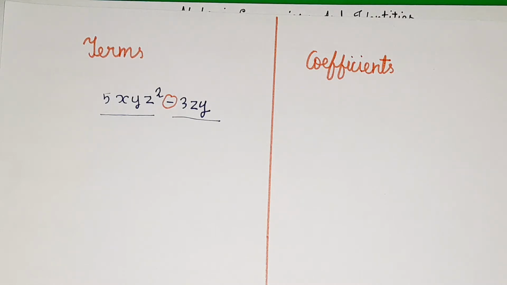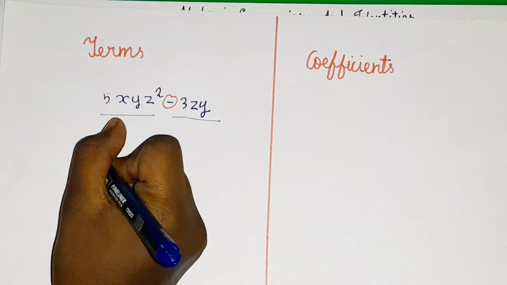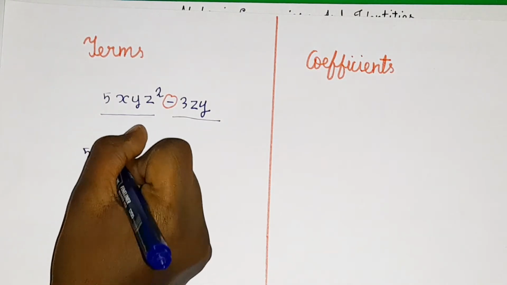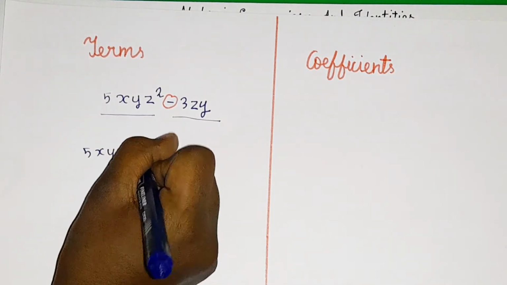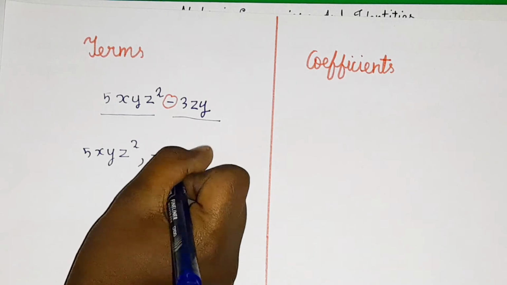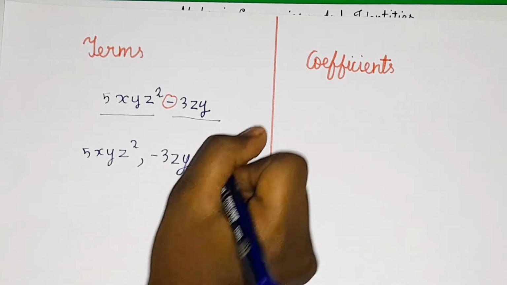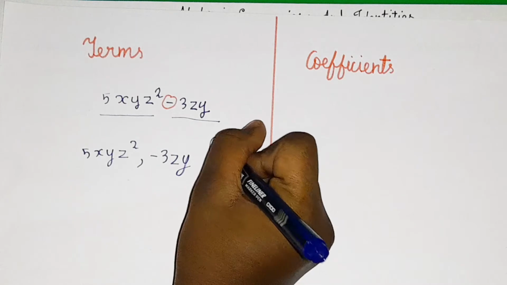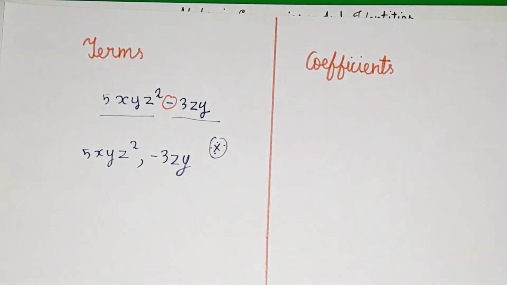How do we know which is the first term and which is the second term? Here the terms are 5xyz square, comma, minus 3zy. This is really important: we should also take the minus symbol.